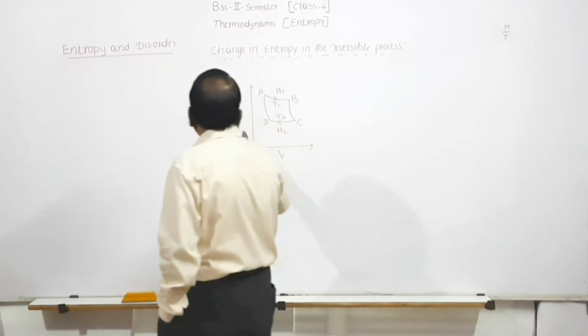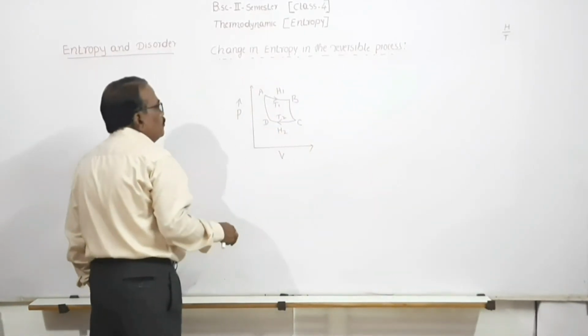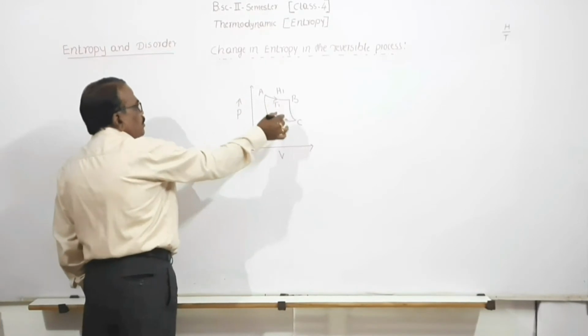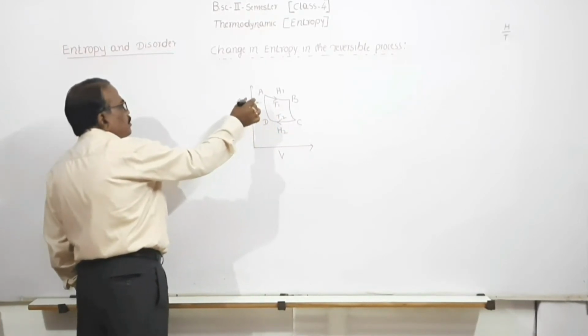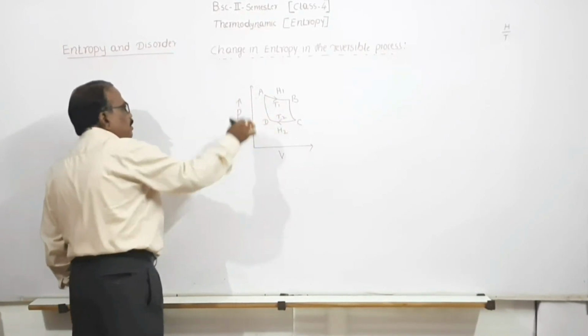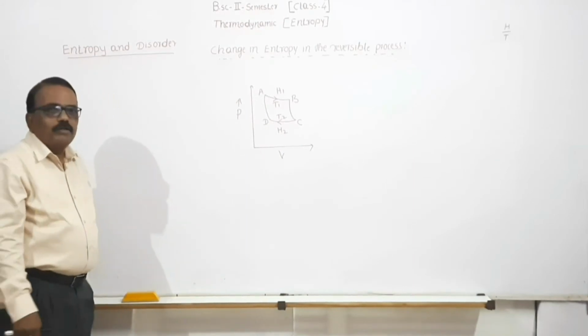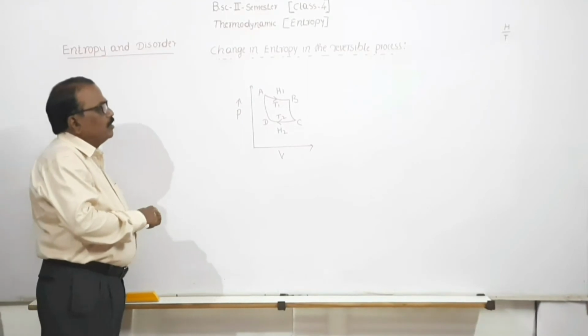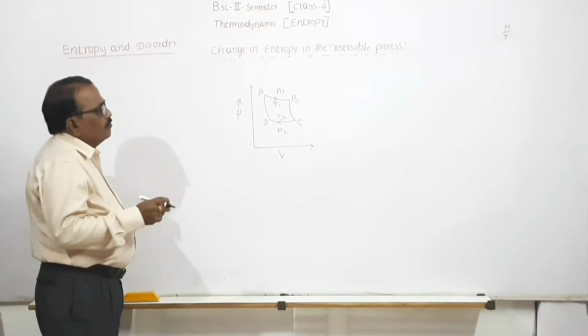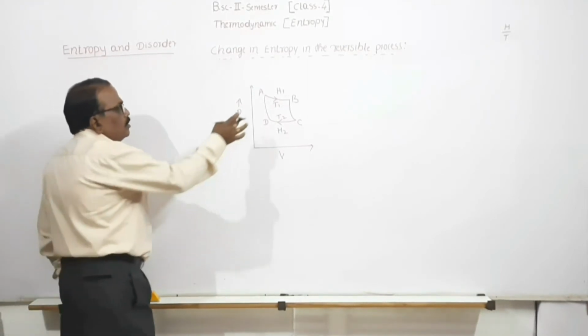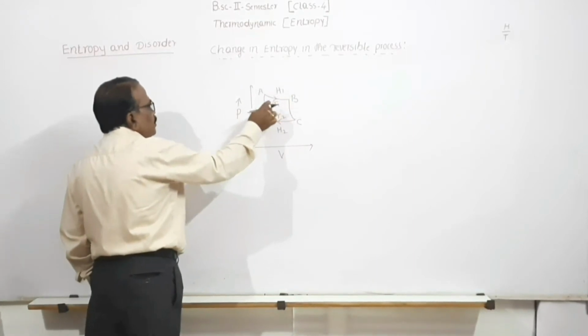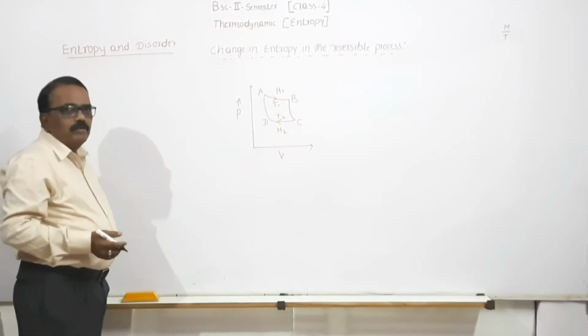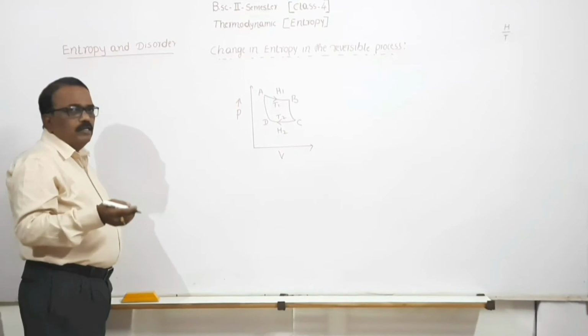So consider this PV diagram. A, B, C, D, A is the Carnot reversible cycle. From A to B, heat energy H1 is absorbed at temperature T1. So there is an increase in the entropy.